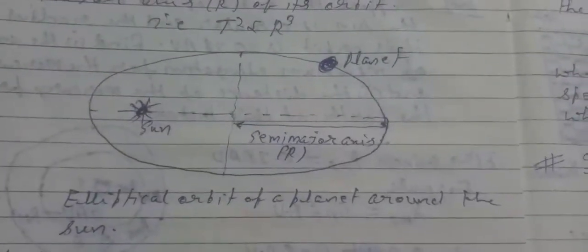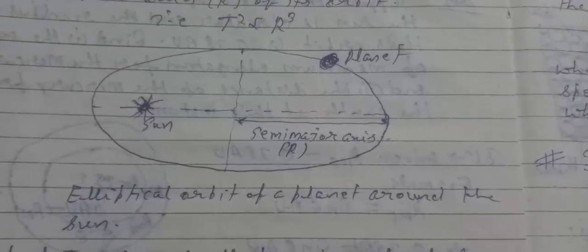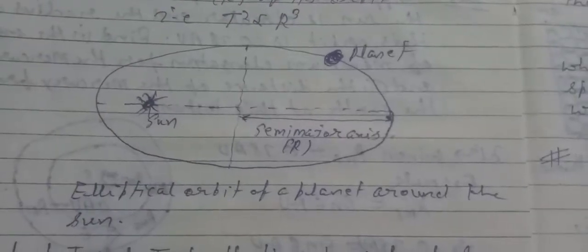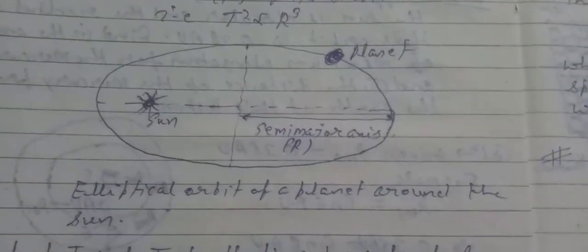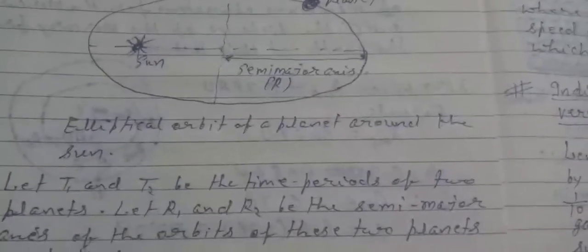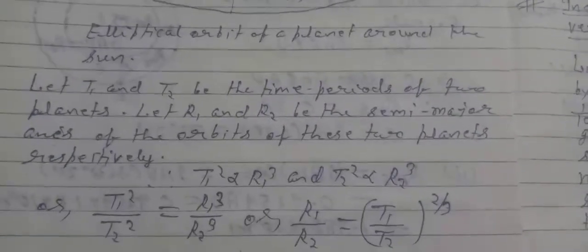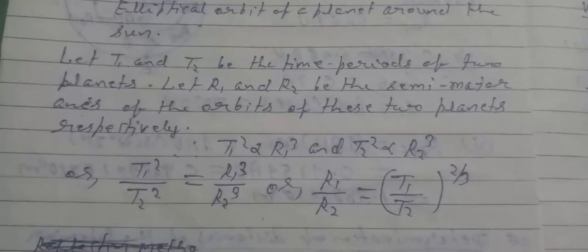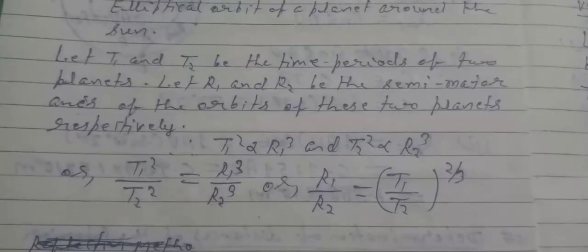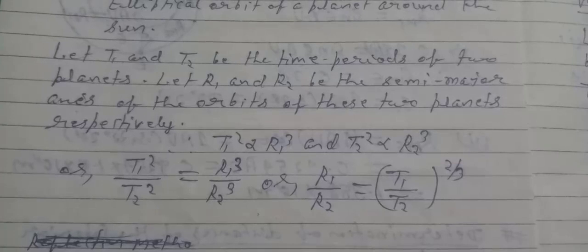The situation is shown in the figure. A planet is shown and a Sun is also shown, and an elliptical orbit of a planet around the Sun is shown. Let T1 and T2 be the time periods of two planets, and R1 and R2 be the semi-major axes of the orbits of these two planets respectively.